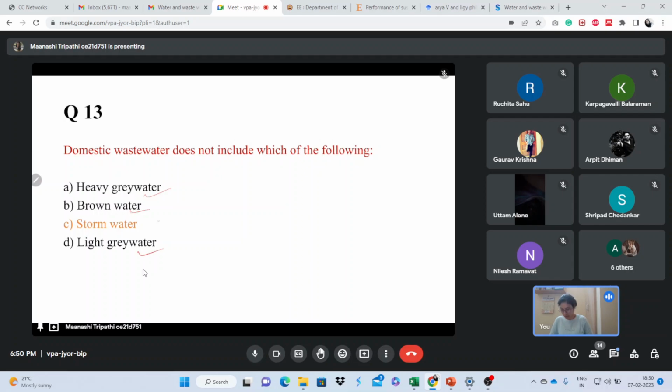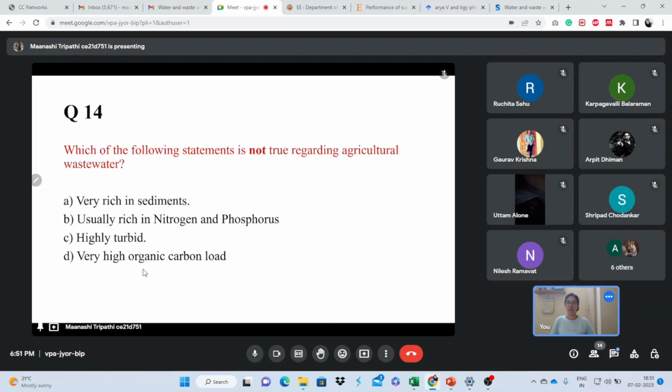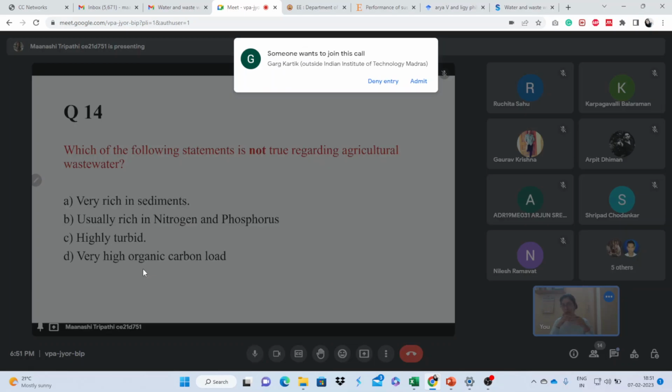But storm water comes from nature, rain. All water comes from nature, but this is the pure source of water from nature, rain. So this is our next question. Which of the following statements is not true regarding agricultural wastewater? Please try to answer this question.